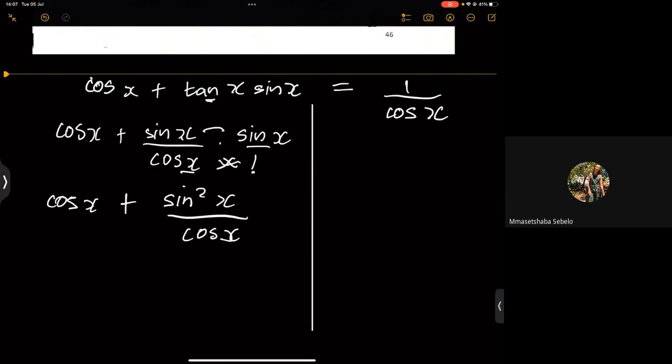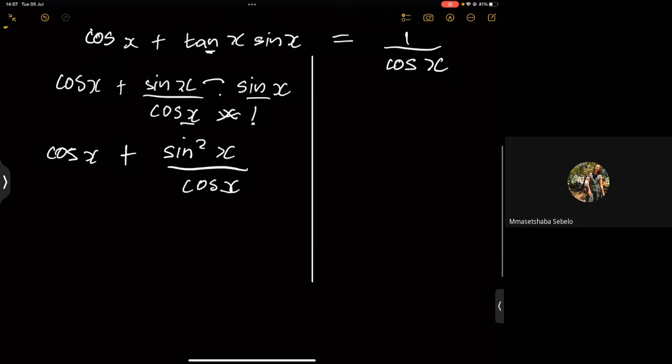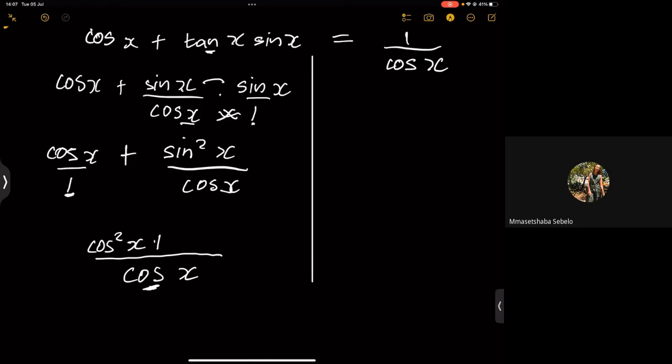So what do we do this time around? Remember, we said we try to resolve fractions as much as we possibly can. So what's our LCD? Our LCD is going to be cos of x. So cos x is the same as cos x over 1. I'm going to say LCD divided by denominator, so cos x divided by 1 will give me cos x, multiplied by cos x, this will be cos squared of x. Are we all together, ladies and gents? Yes, sir.